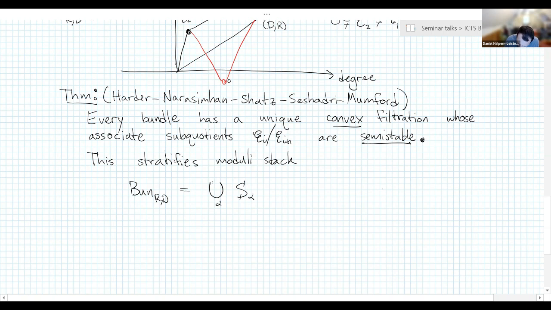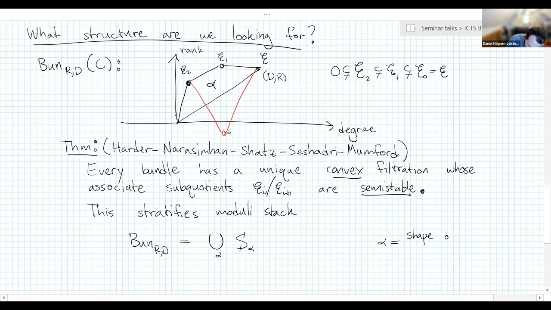Here alpha is literally the shape of the polytope that you get. I can think of alpha as literally this polytope there. That's what indexes the strata.